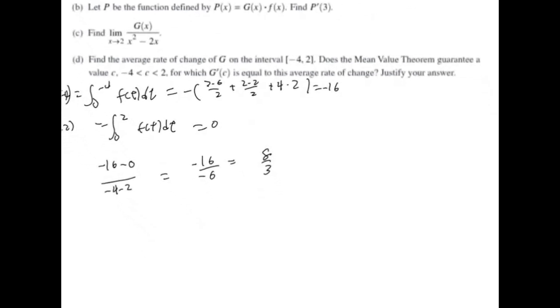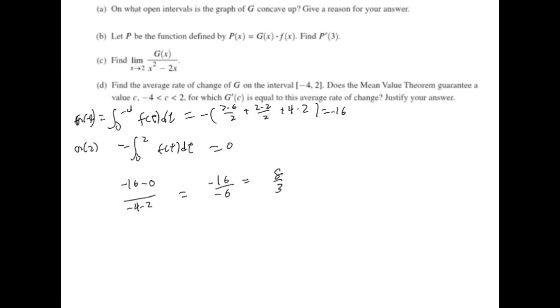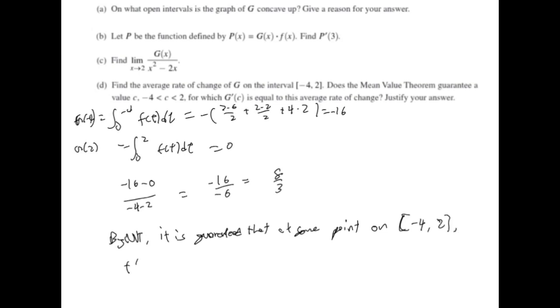Because G is continuous and G is differentiable on this interval, by MVT it is guaranteed that at some point on negative 4 to 2, there will be an x equals c such that f of c, which is G prime of c, equals 8 over 3.